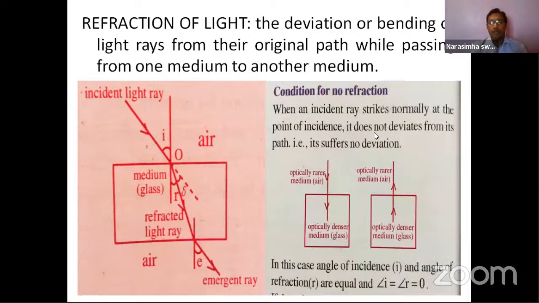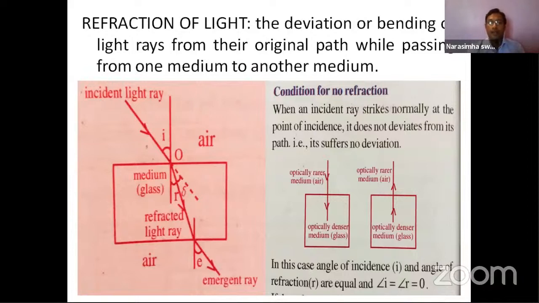And one more thing: condition for no refraction. What is that? Condition for no refraction means at what conditions there will be no question of refraction. That is very important. At what angle, if the light ray is incident, is there no refraction? What is refraction? Bending. So at what condition will the bending not happen?